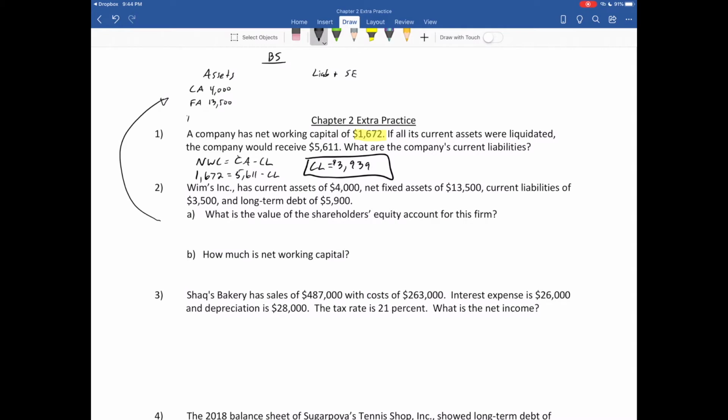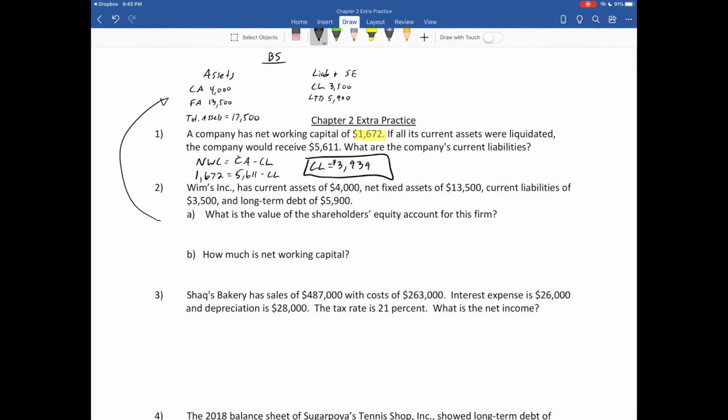So we have total assets equal to $17,500. And then they have told us that we have current liabilities of $3,500, and long-term liabilities of $5,900. Once again, we know that liabilities are broken down into current and long-term. And then they want to know what is the value of the shareholders' equity.